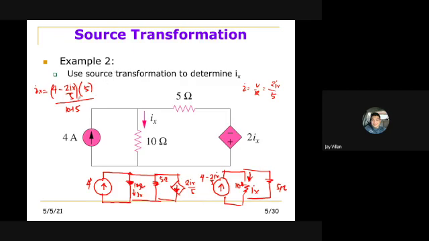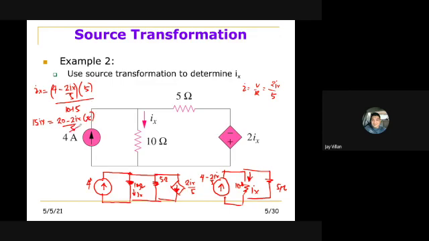This is just algebra. 10 plus 5 becomes 15, so 15Ix is equal to 20 minus 2Ix over 5 times 5.